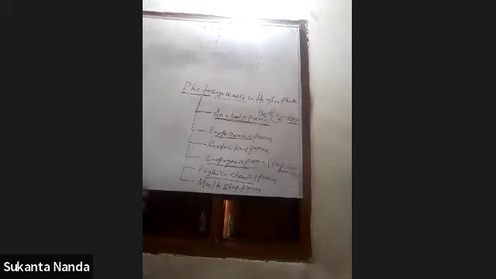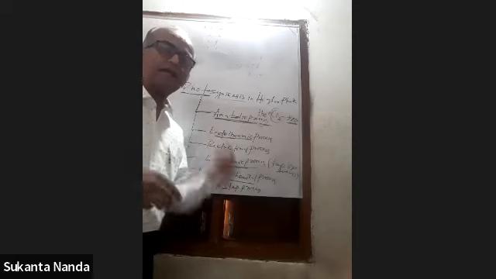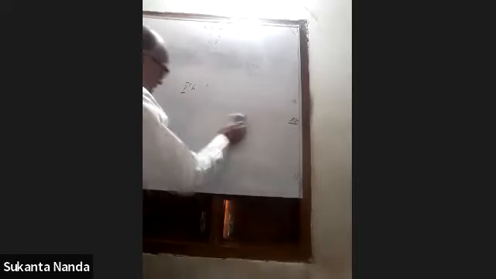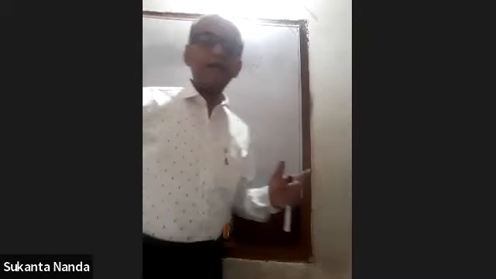Now students, you have to know that in photosynthesis, all living forms on earth depend on sunlight for energy. That means you feel cold in the winter season. Suppose you stand in sunlight for a few minutes, you feel better to some extent.